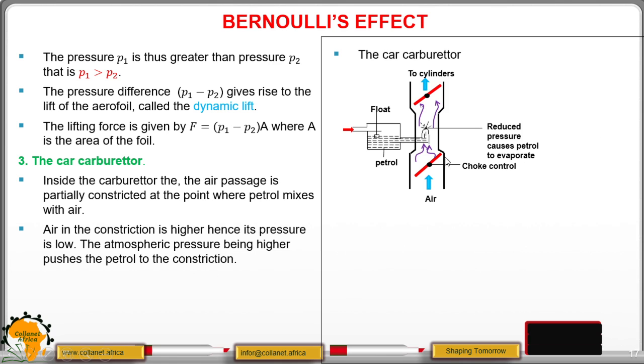And this is the car carburetor we are talking about. You can see at this particular point, the constriction, the pressure is obviously low because the air is moving at high velocity, and then you can see that the petrol will be drawn in here.